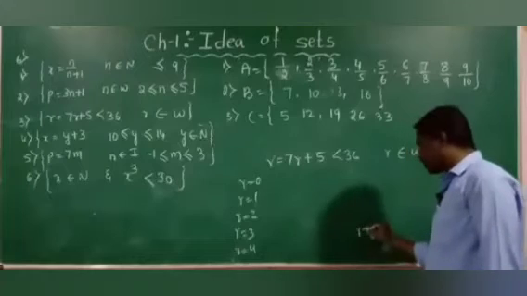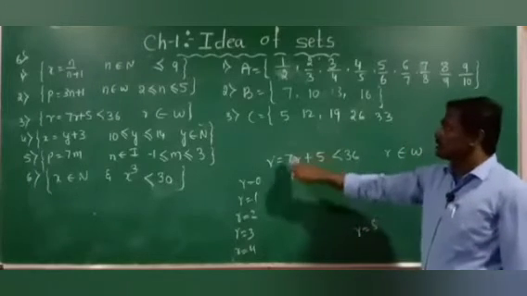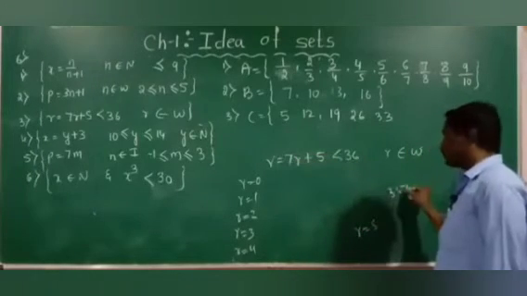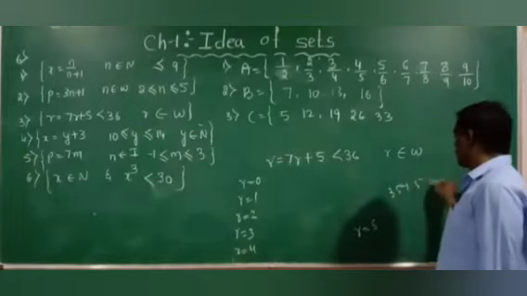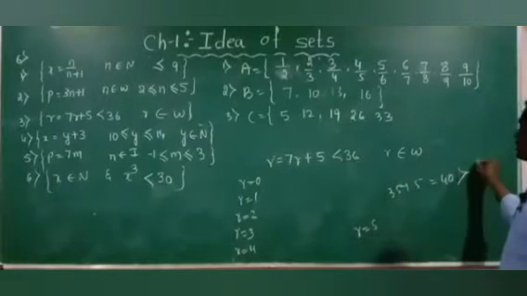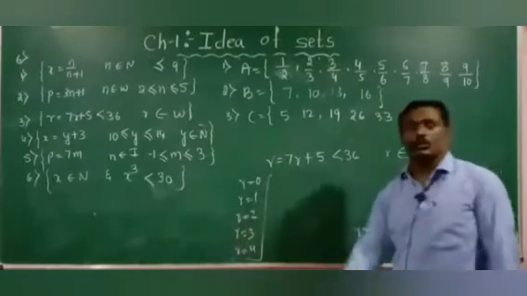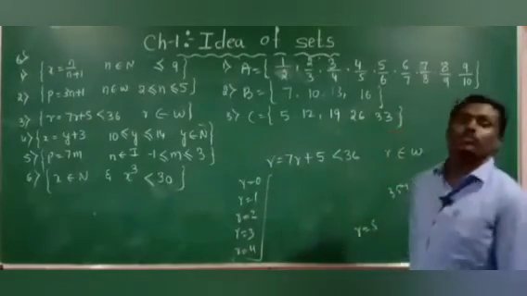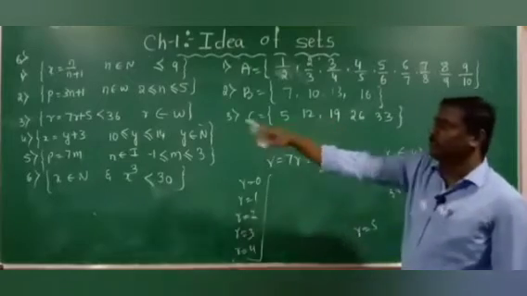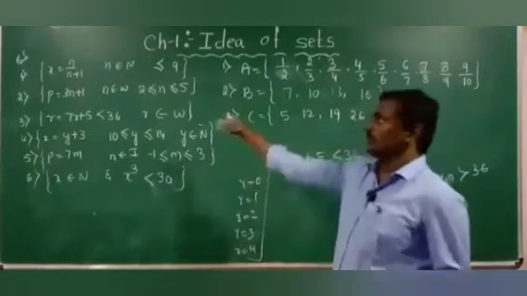Next, if I am taking R is equal to 5, 7 5s are 35, 35 plus 5 is 40, and 40 is more than 36, that's why I am taking up to 4 only. So these are the required elements for the set C for the third question.